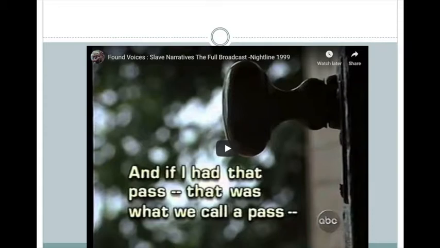So, in other words, the mother was really the head of the family in slave families, unlike white families. So, it's important to keep in mind. So it was very much a different dynamic.